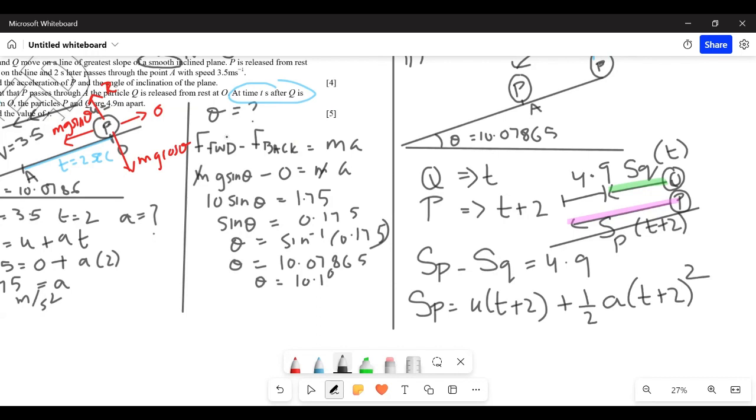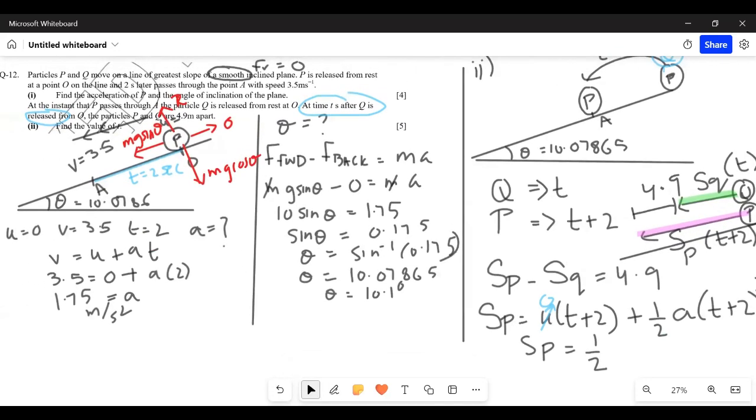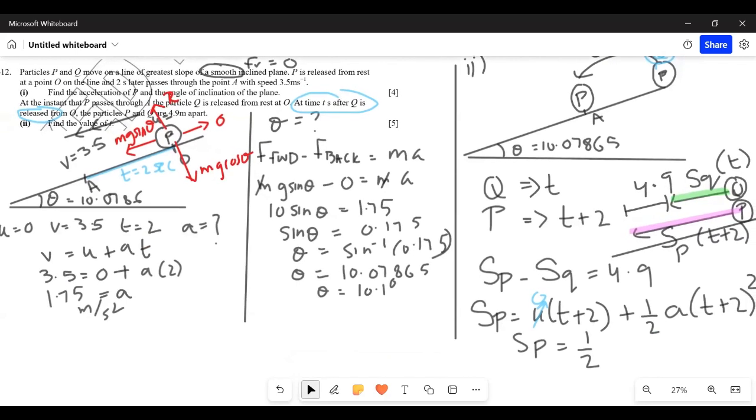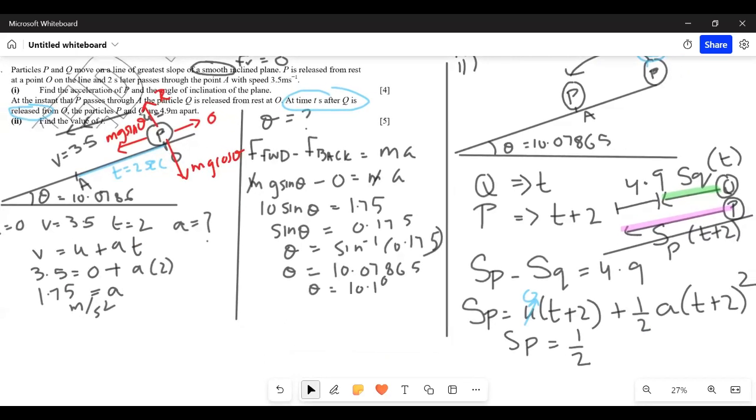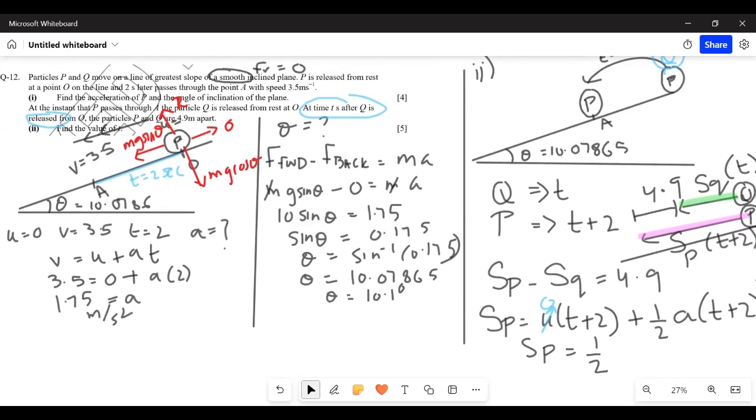Now for both particles, U is 0. So this becomes 0. So SP is half times, we already have the acceleration as well, 1.75. 1.75 is going to be the acceleration for both the cases.